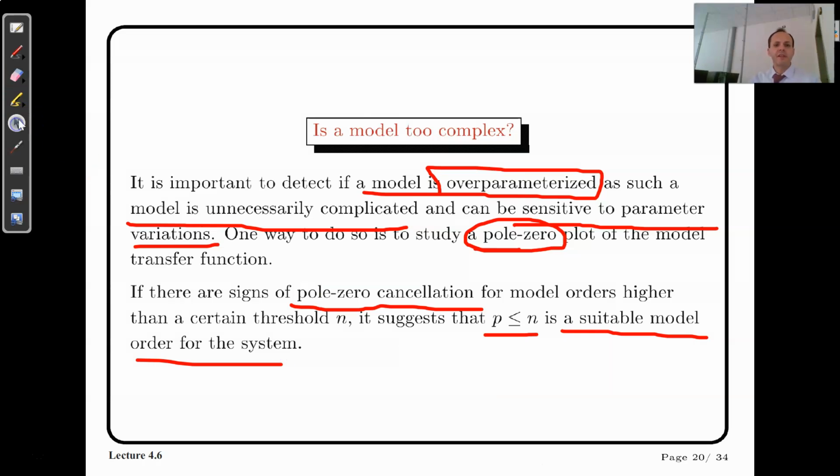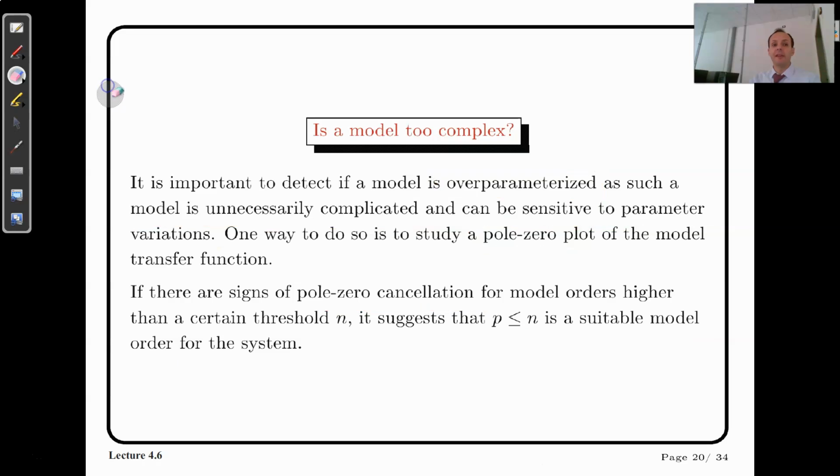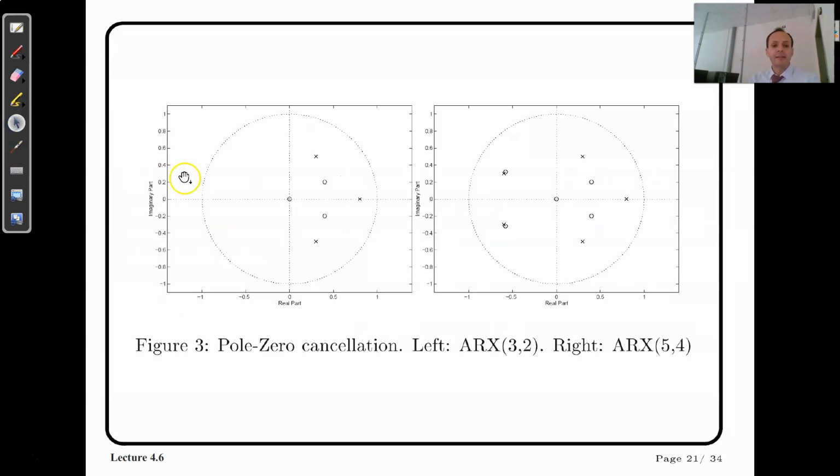So let's see an example. Of course, you must take into account the uncertainties in the poles and zeros, but this is a clear indication. In the plot on the left, you see that there are three poles, one real and two complex.